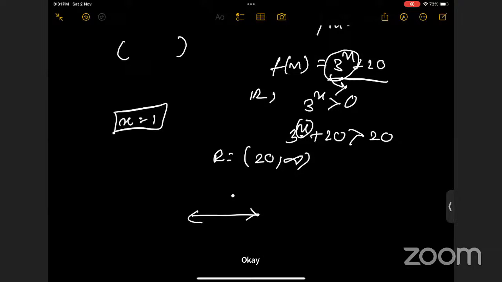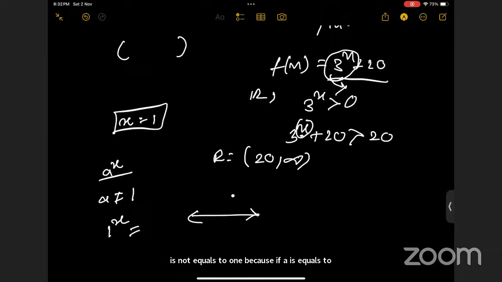Yes, ma'am. So x can be anything, there is no problem with x. But if you have something like a power x, then a is not equal to 1, because if a equals 1, we will get 1 power x, which is equal to 1. So this is a constant function for any x.